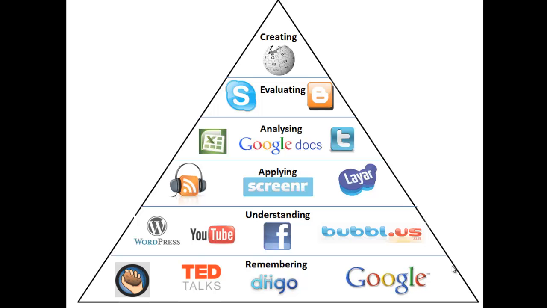I've inserted logos for each one of the various technologies that can be used with your students. Similar to the SAMR model, it should be noted that technologies are not limited to one level. For example, Facebook in this diagram is on level 2, the level for understanding, but could easily fit into other levels.